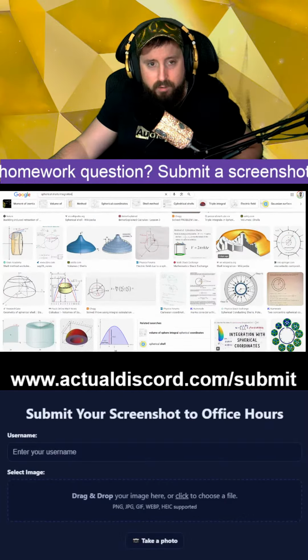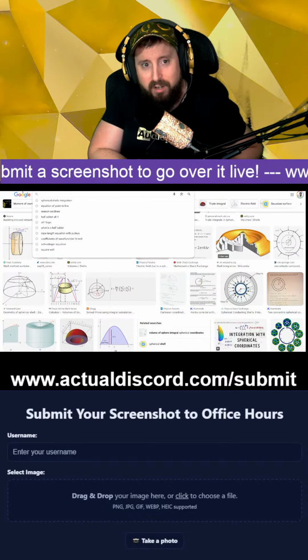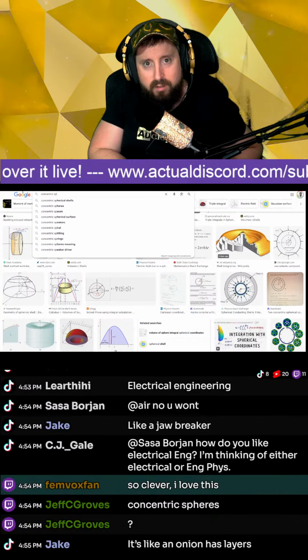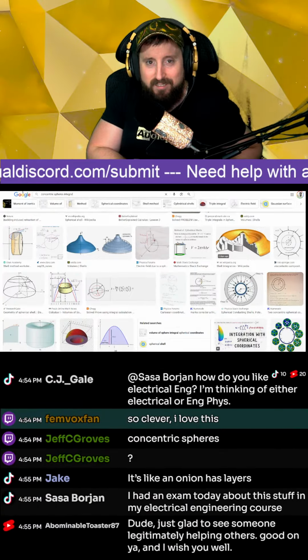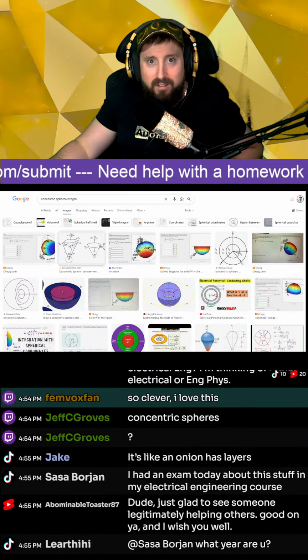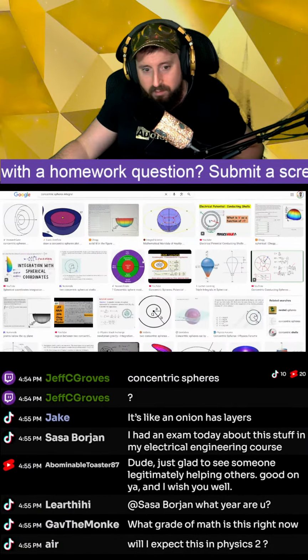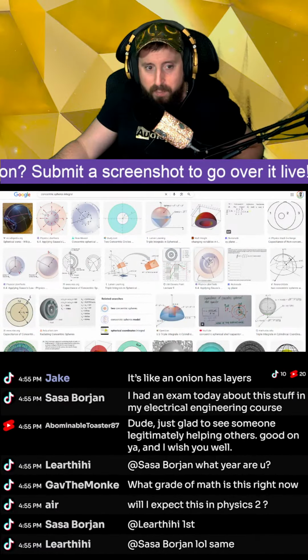Oh, concentric spheres. Wait, did I say spherical shells? Sorry, concentric. It's like an onion, it has layers. Here's integral. Thanks, man, I appreciate it. Good job. Bless you. Bless you too. Okay, I want a picture.